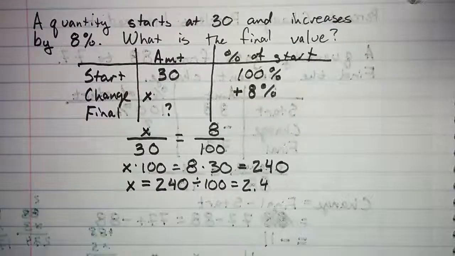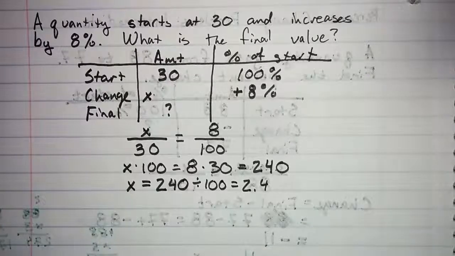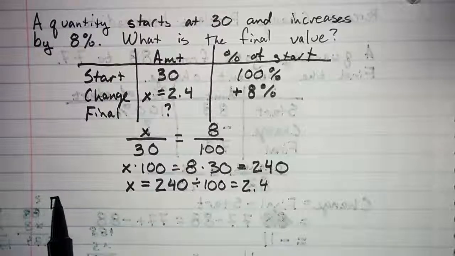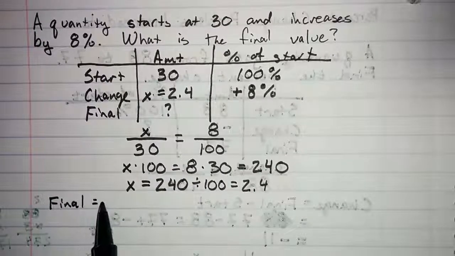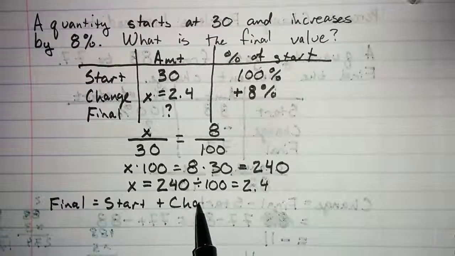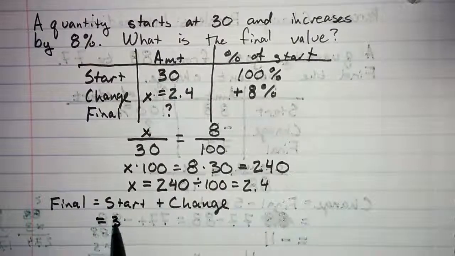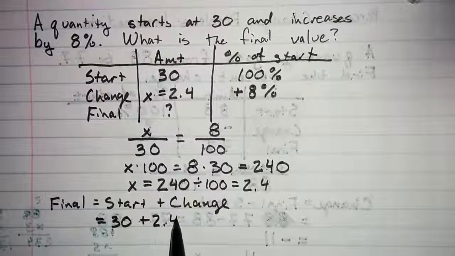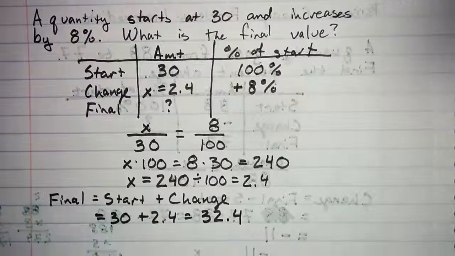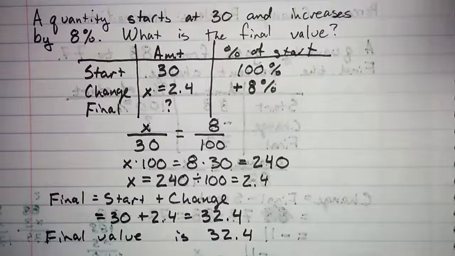Decimal point goes here, 2 digits after. And now we use the fact that the final value is the starting value plus the change. So 30 plus 2.4 is 32.4. So the final value is 32.4.